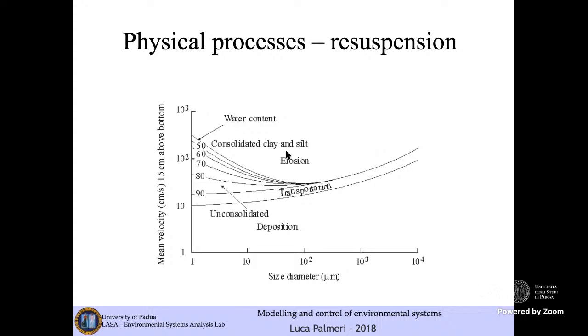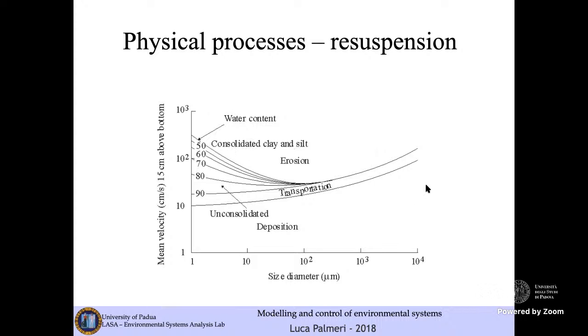So with this kind of graph, you may, for example, identify the characteristic of the sediment in terms of granulometry, draw a vertical line, and as a function of different water content, but of course it depends on the type of sediment, for example clay, silt, or sand, and on different conditions of the sediments.